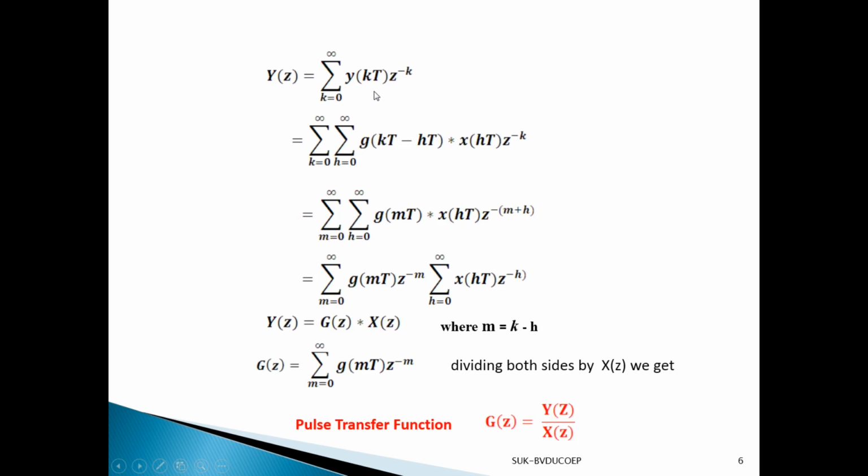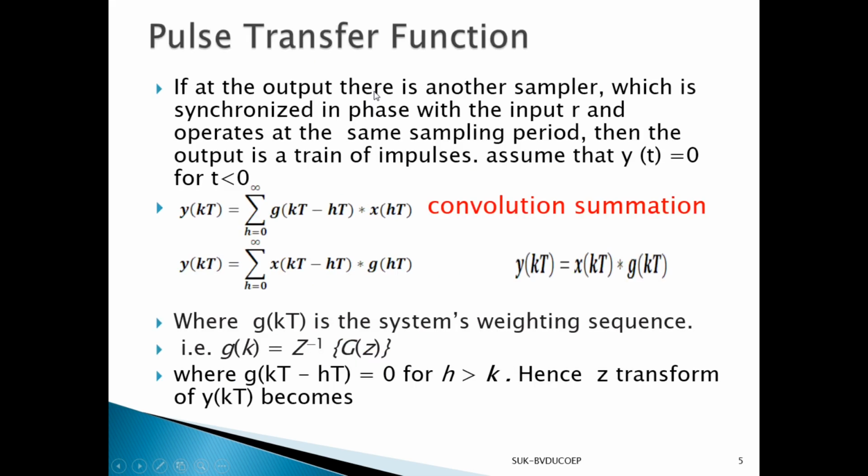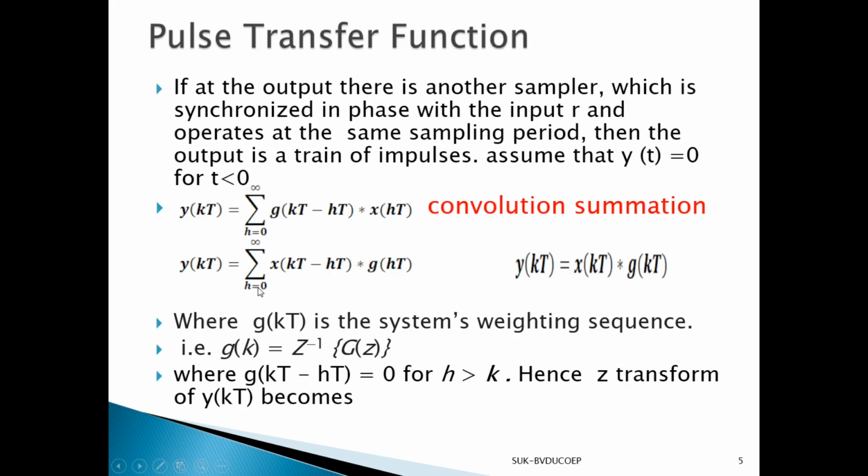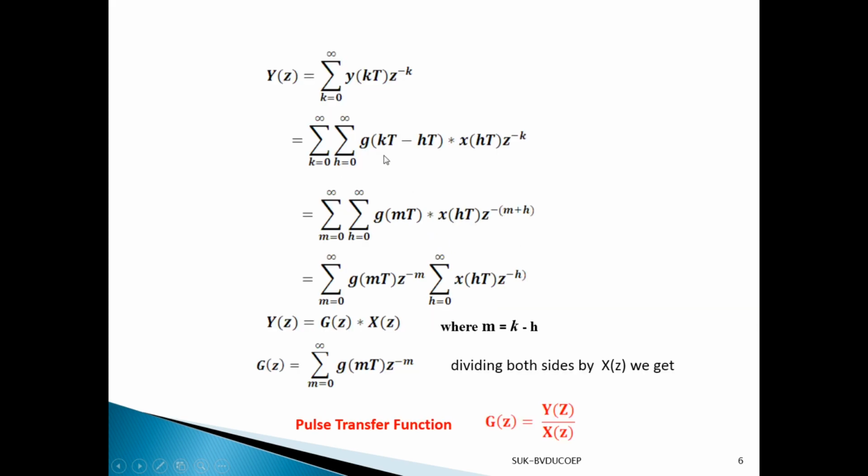Therefore, the Z transform of y(kT) is equal to the sum of y(kT) into z raised to minus k. This is your summation equation. So I am putting y(kT) equal to this in the equation, and I am getting g(kT minus hT) into x(hT) z raised to minus k, and finally I get this.